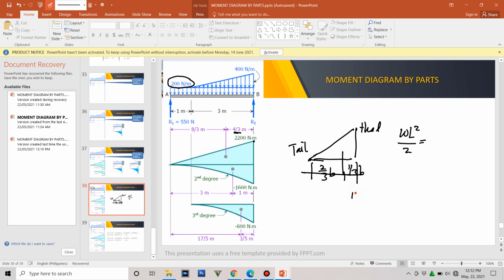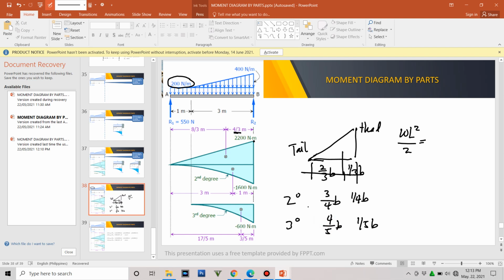Magiging 1/4 yon, 1/4 of the base, and then ito magiging 3/4 of the base kapag second degree. Kapag third degree naman, ito magiging 1/5 of the base, at ito magiging 4/5 of the base from the tail. So ito na tayo, second degree tayo, no?